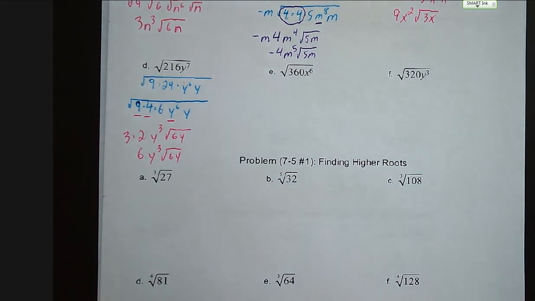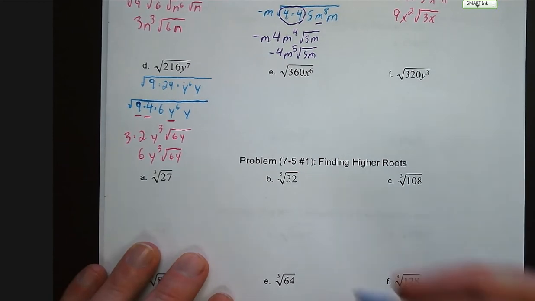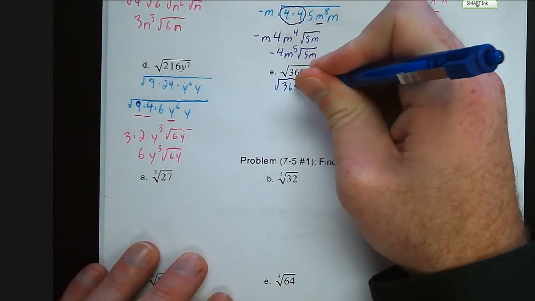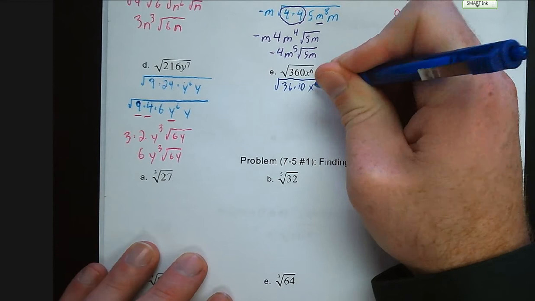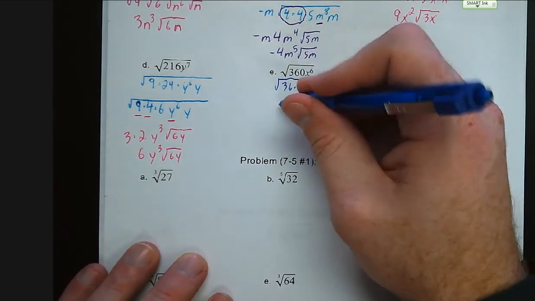Okay. Letter E, we have 360 x to the 6th. Well, that can be square root of 36 times 10 x to the 6th. Square root of 36 is 6.